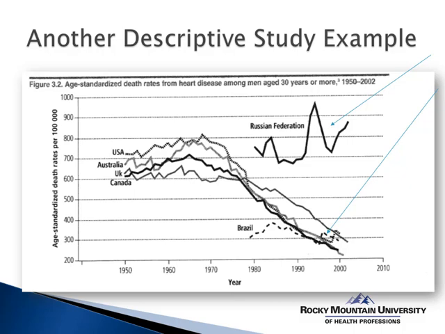Was there a better understanding of diet at that time? Was there a better understanding related to the relationship between cigarette smoking and heart disease? Were there improvements in medicine that saved lives at that point in time?